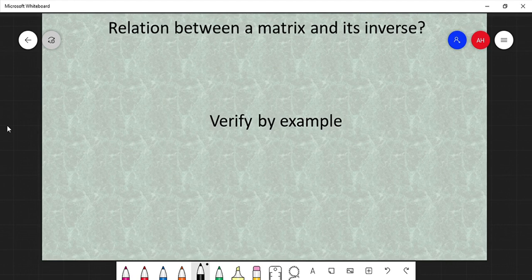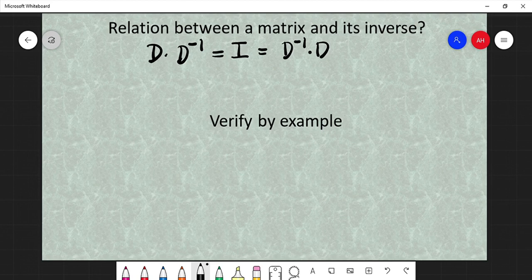If we multiply D by D inverse, we get a very special matrix that we call the identity matrix, I. We also get I if we multiply D inverse by D. That is, a matrix multiplied by its inverse gives the identity matrix.